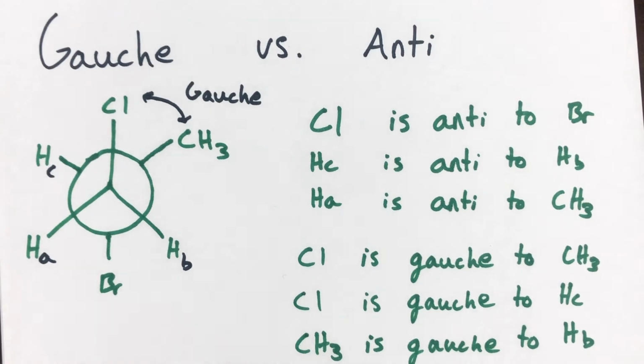I wrote it in the direction looking at that front carbon relative to the back carbon, but you could do it the other way as well and say that the methyl group is anti to HA, and that's all totally acceptable.